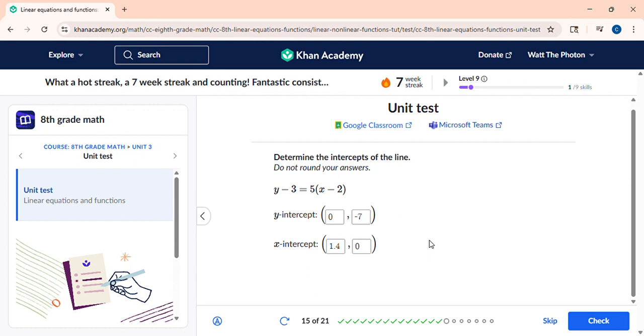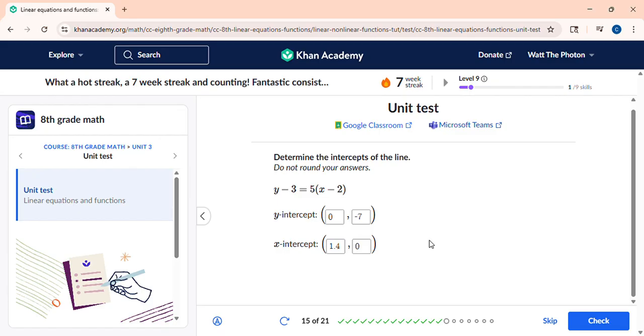Okay, so what do we now do? Find the intercepts of the line. I don't know. I'm confused, the calculator is not working. If we have 0 as our intercept, we're going to have y minus 3 is equal to -10. So y is equal to -7, which seems right.